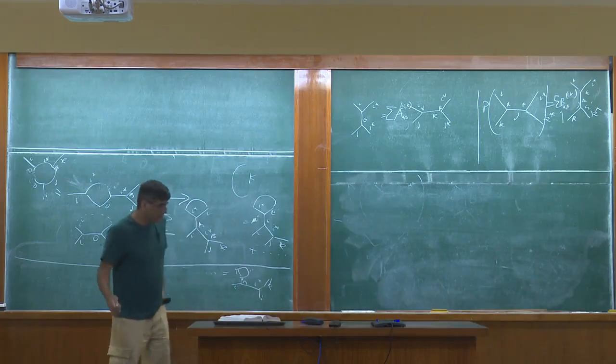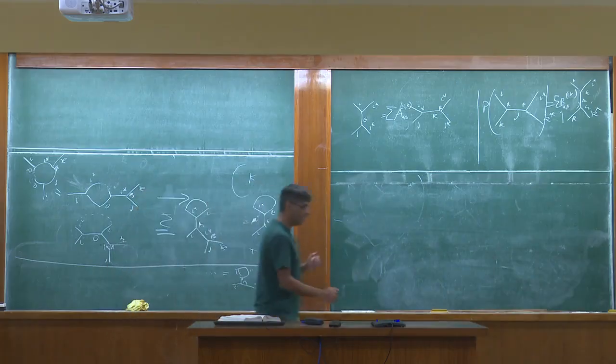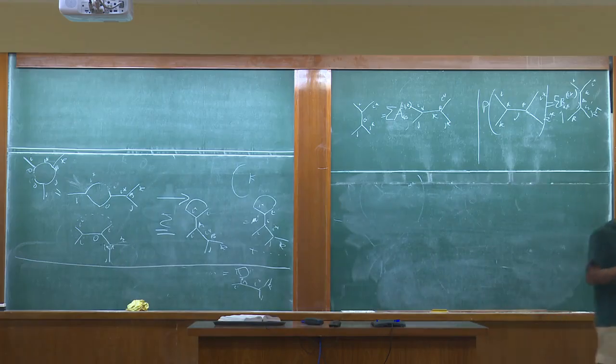Now, the reason that this A and B are of relevance to this question of crossing and N is the following.